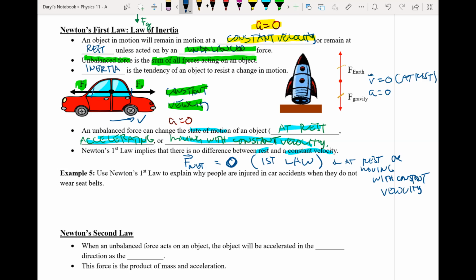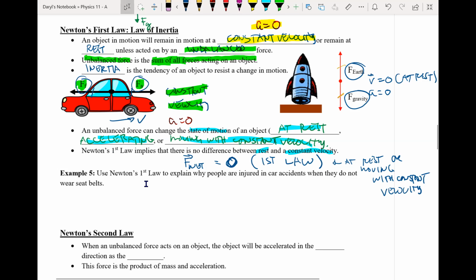For both cases, the sum of all the forces is equal to 0. That's why right away I would say the magnitudes of the forces should be the same.